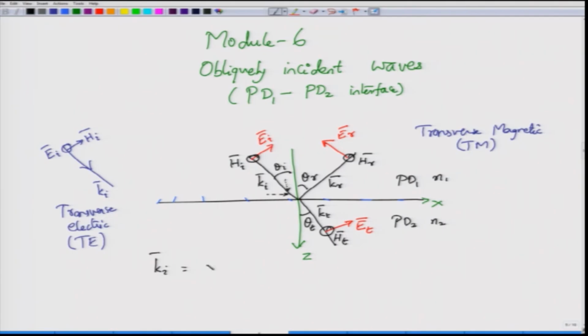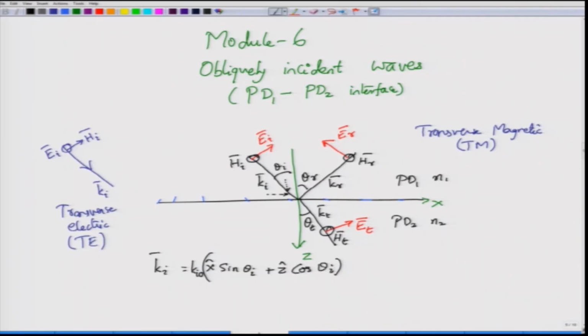So, let us say I have k_I0, where k_I0 corresponds to the magnitude of the incident wave vector. So, it is k_I0 x hat, and what is the component along the x axis? It is the sin theta_I component, correct. So, you can break this up as x hat sin theta_I plus z hat cos theta_I.